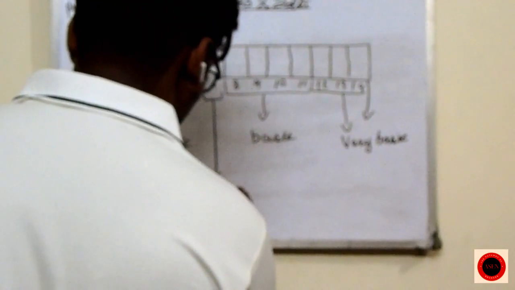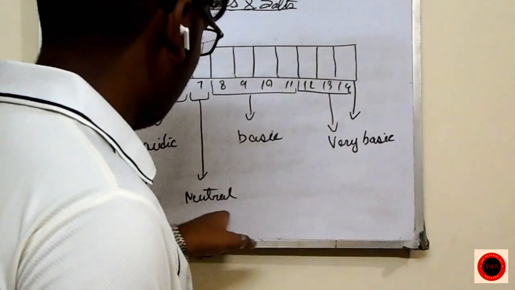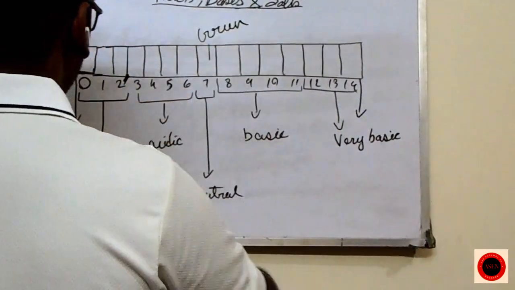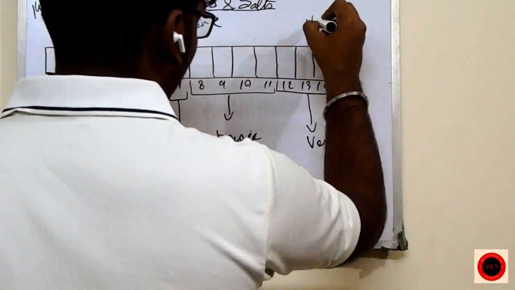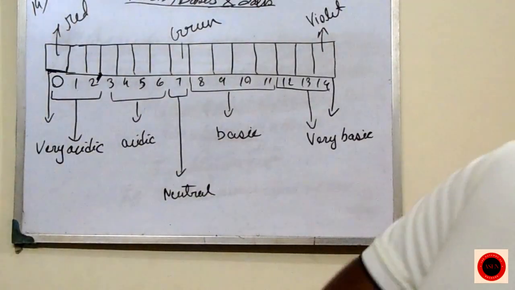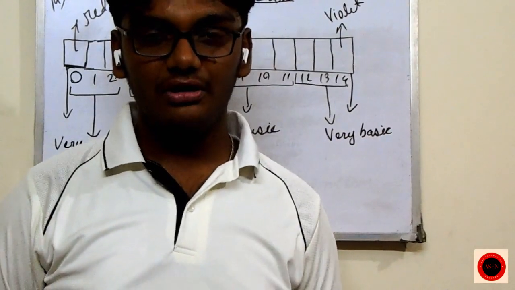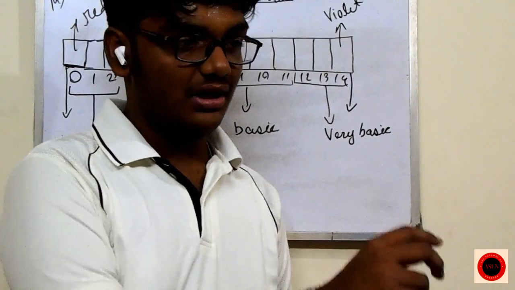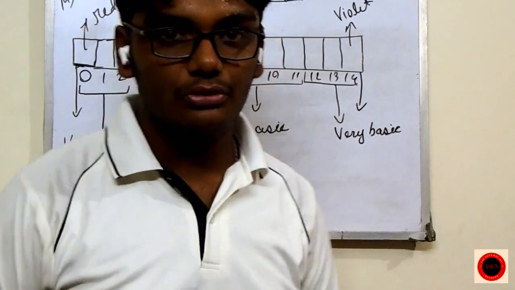So 7 means neutral, which is green in color, red in color at one end, and violet in color at the other. In your color sets also, when we buy a new set of 25 shades of color, you can find that colors are arranged in that way. Okay, red, orange, yellow, green, then deep green, Prussian blue.